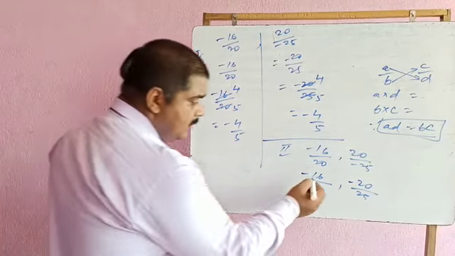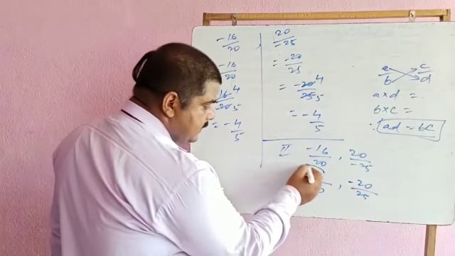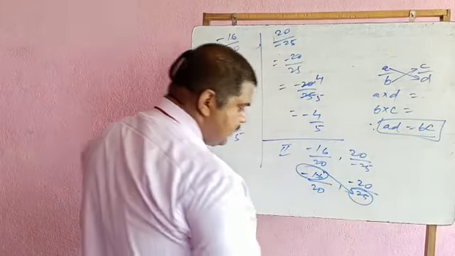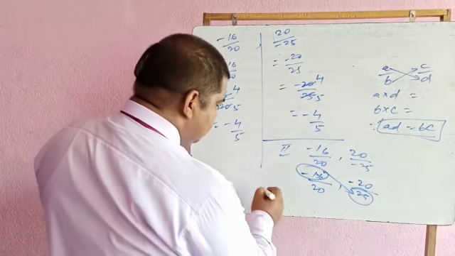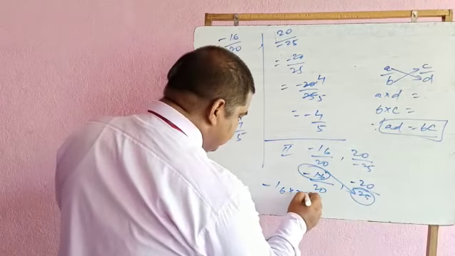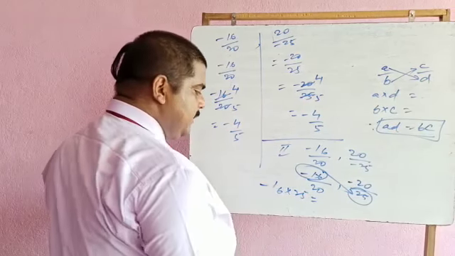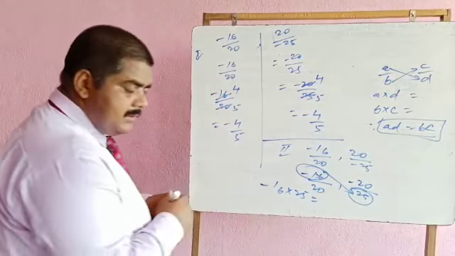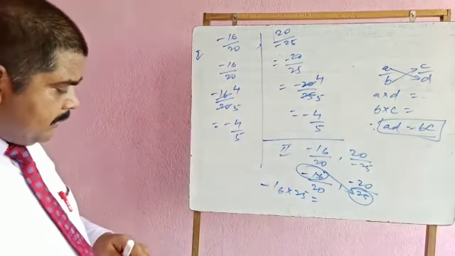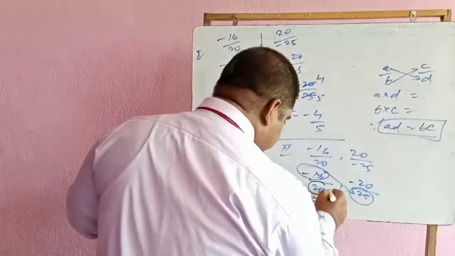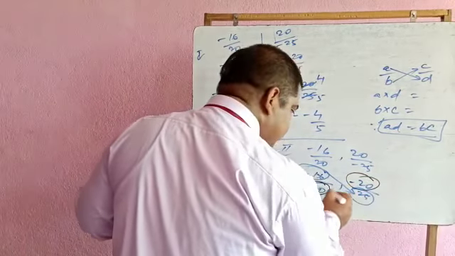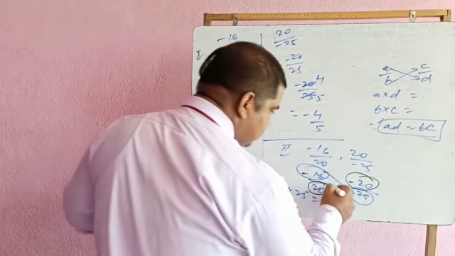Now I have to multiply the numerator of the first one and the denominator of the second one by cross multiplication. Minus 16 into 25, and you have to multiply. And second is, in the second case, the denominator of the first rational number and the numerator of the second rational number.